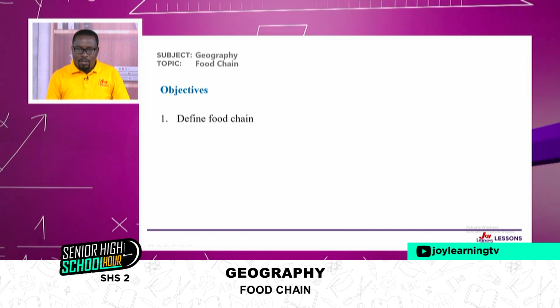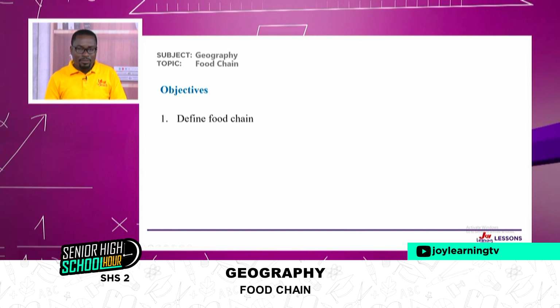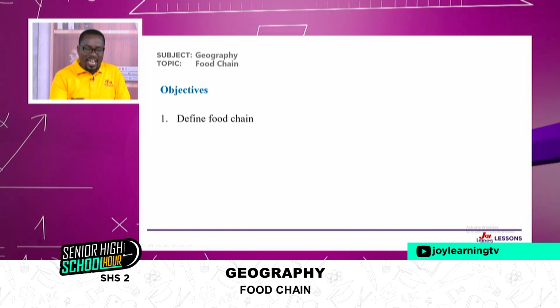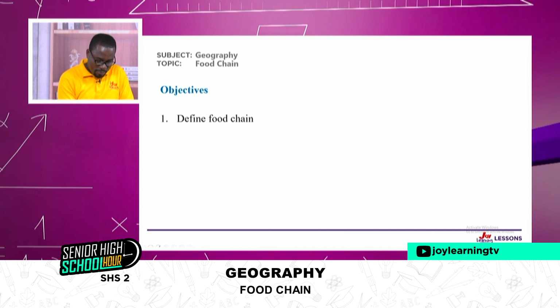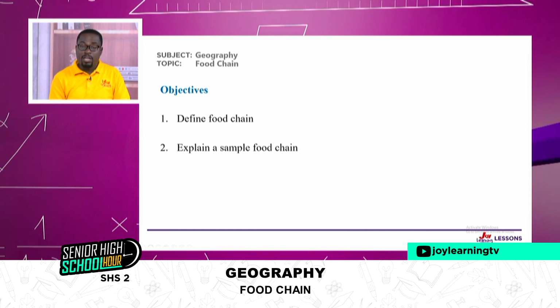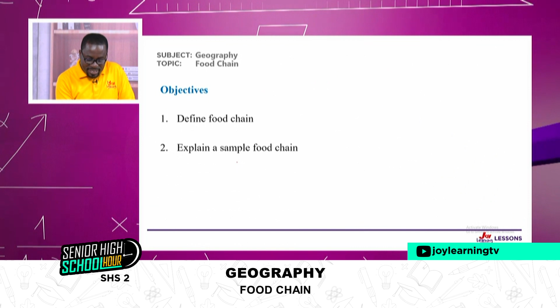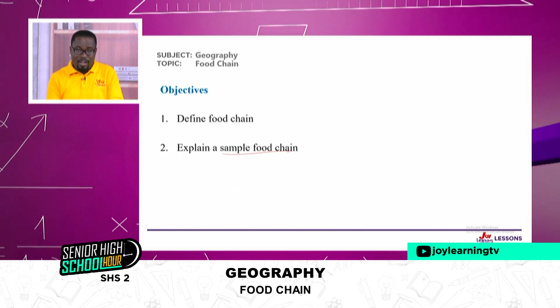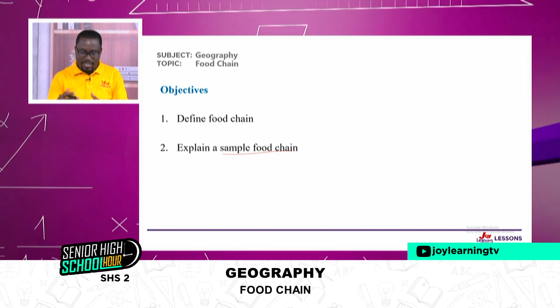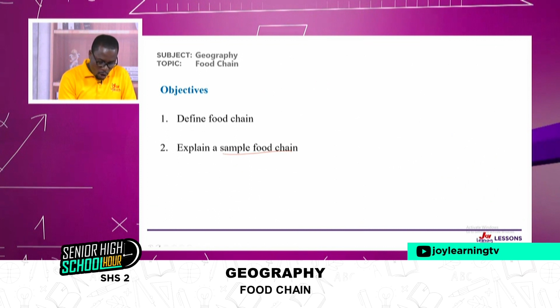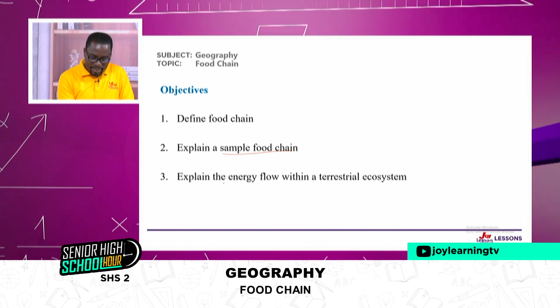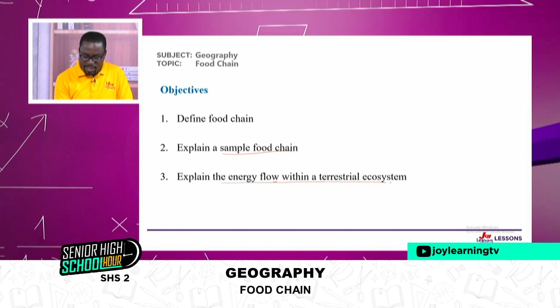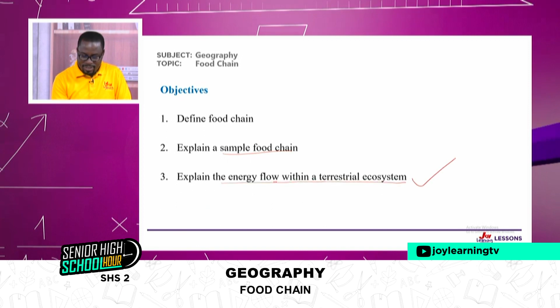That is, when I am done, you should be able to define food chain. That is number 1. Number 2, you should be able to explain a sample food chain, as in you giving an example and then explaining it. Then also explain the energy flow within a terrestrial ecosystem.